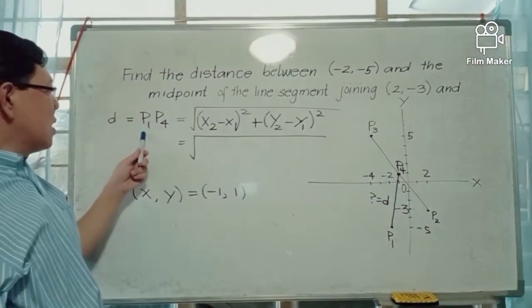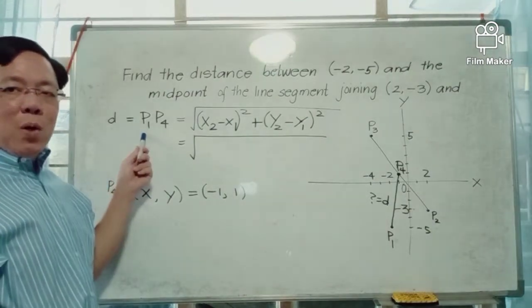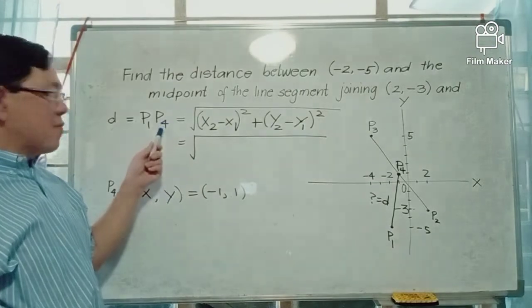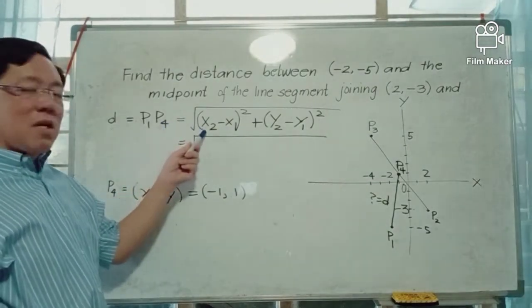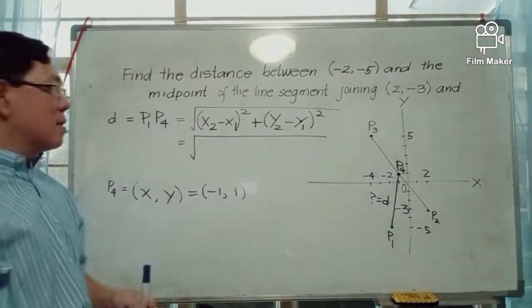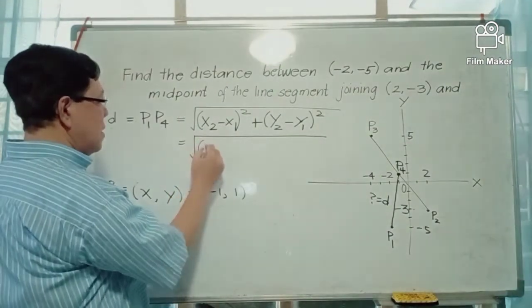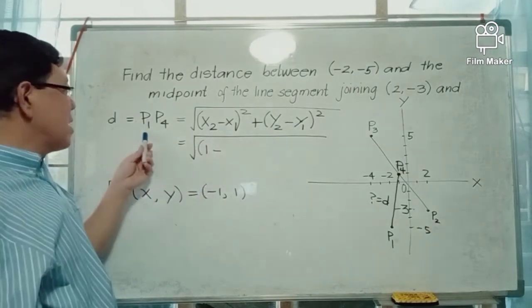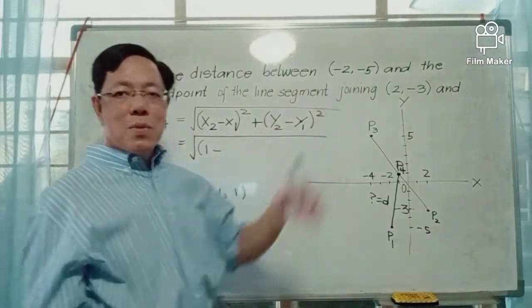We take P1 as the first point and P4 as the second point. If P4 is the second point, we write first the abscissa of P4, -1, minus the abscissa of P1, -2.